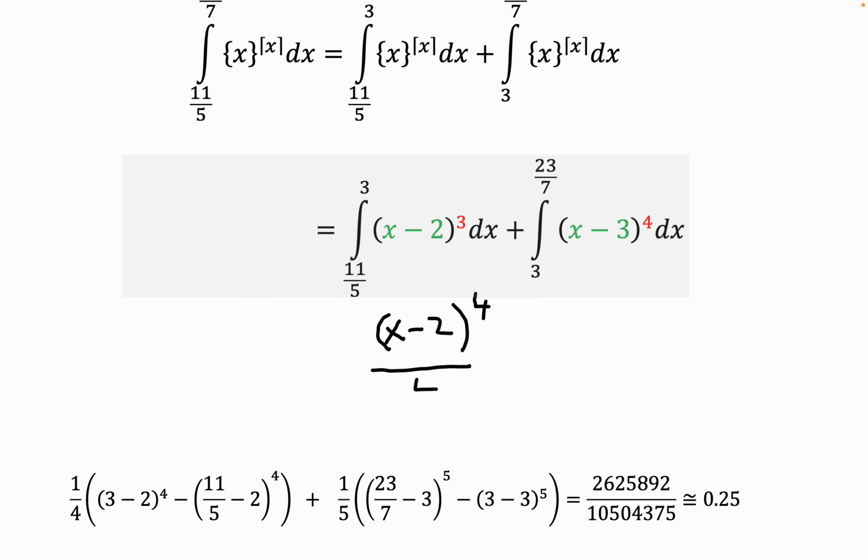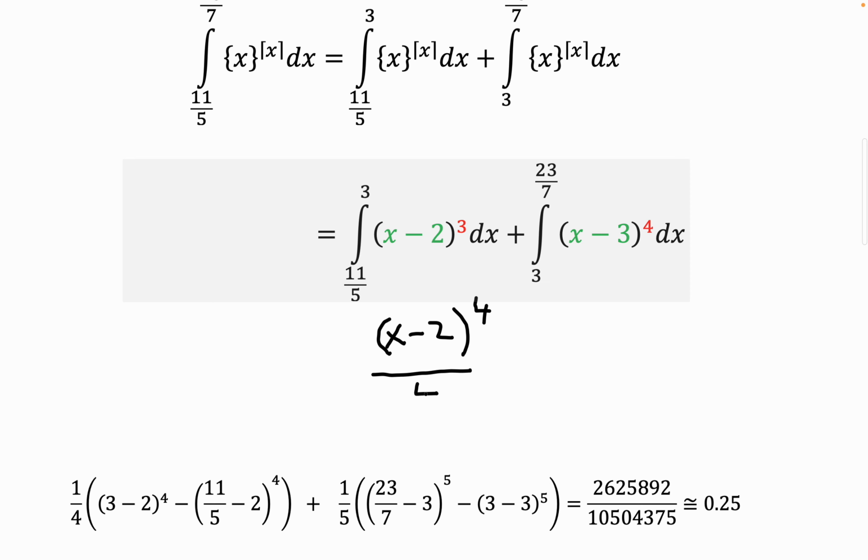Again, it's kind of like the chain rule in reverse, but this is 4 right here. And in a similar fashion, the antiderivative for this particular integrand would be x minus 3 raised to the 5th power over 5.